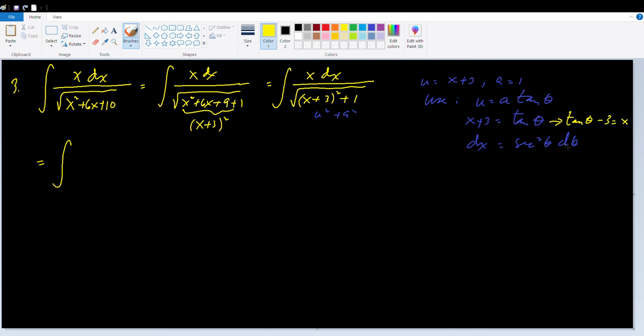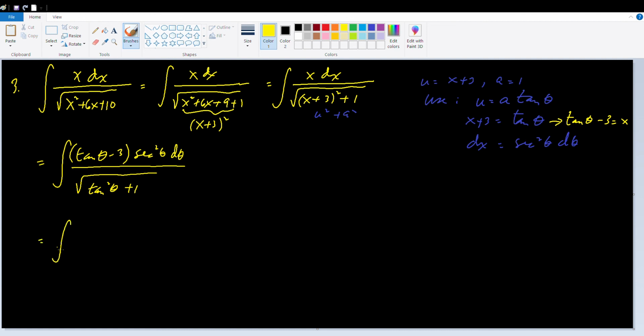That will be our x. Okay? And dx is, let me write this, our dx is secant squared theta d theta all over the square root of x plus 3 quantity squared, which is tangent squared theta plus 1.